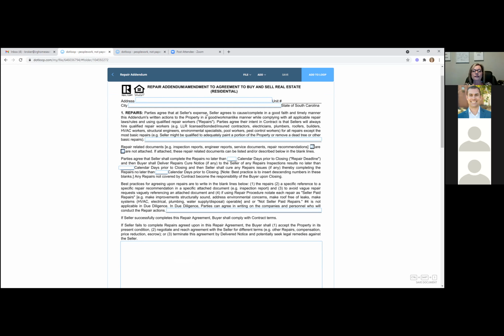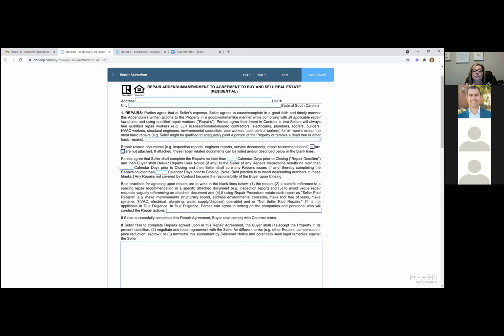Repairs: parties agree that at seller's expense, in good faith, in a timely manner, it goes on. Parties agree that their intent in this contract is that sellers always hire qualified repair workers, contractors, electricians, plumbers, for all repairs except the most basic repairs that the seller might be adequately qualified to do.